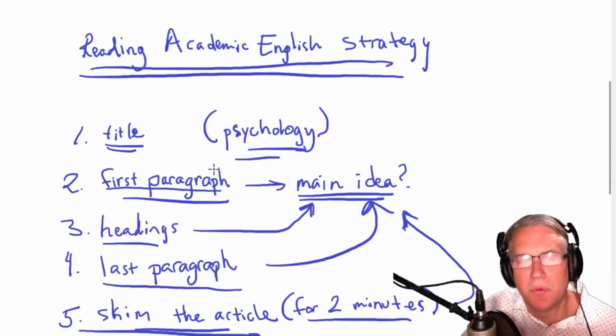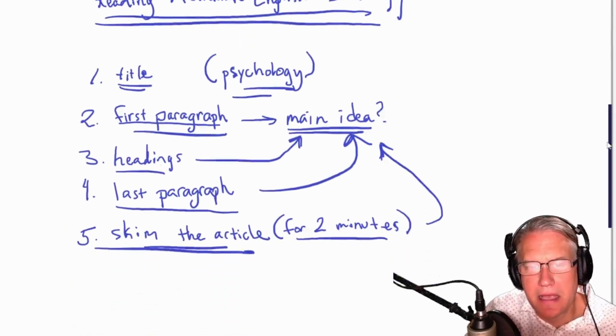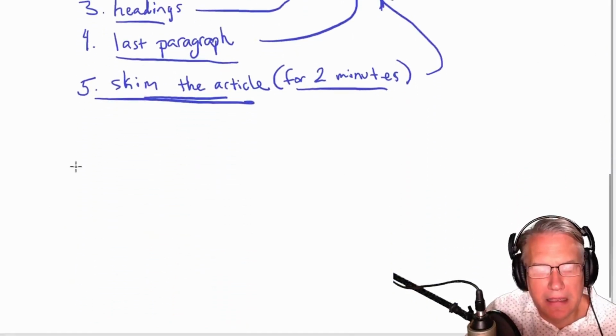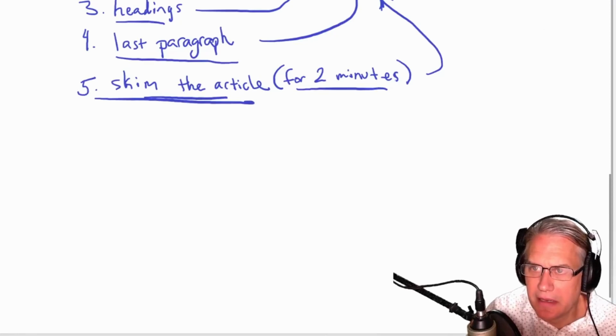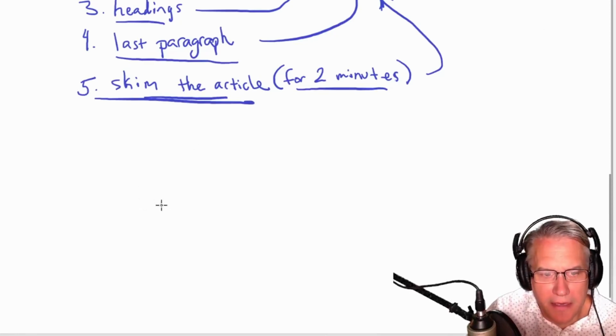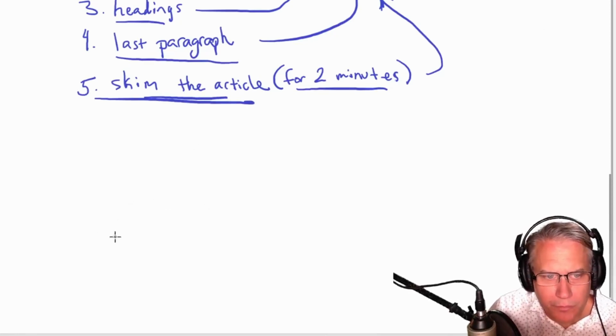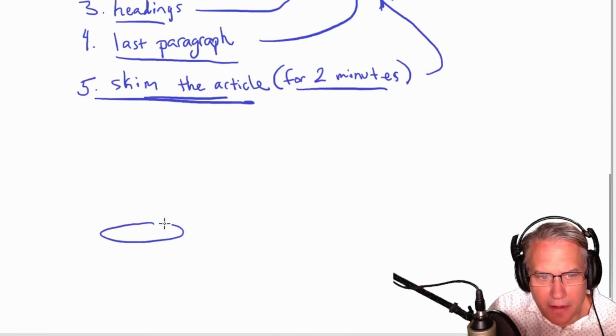My guess at this point is that it's something like this. If we have a pizza, right? This is my wonderful pizza. Here's a pizza.